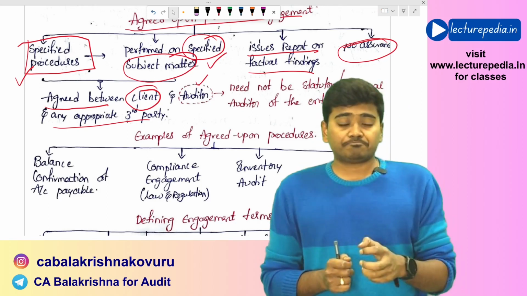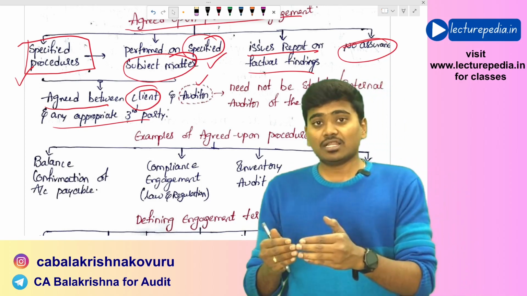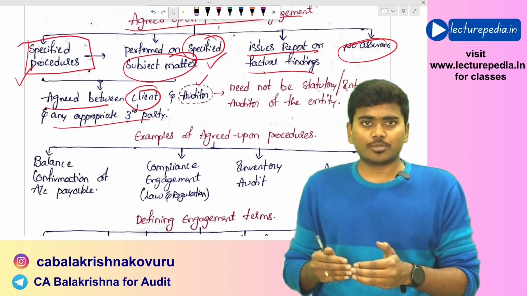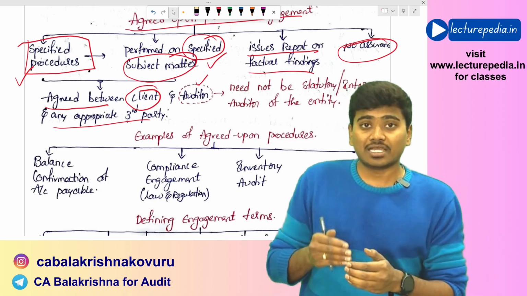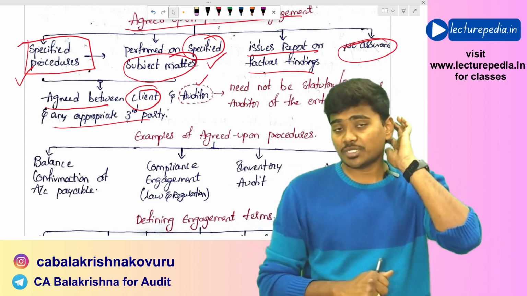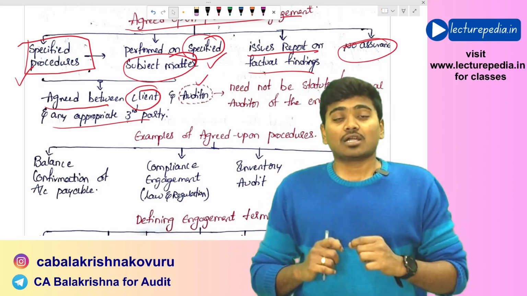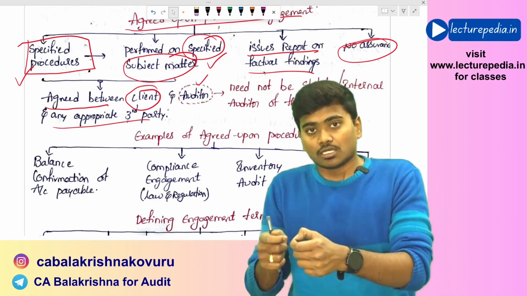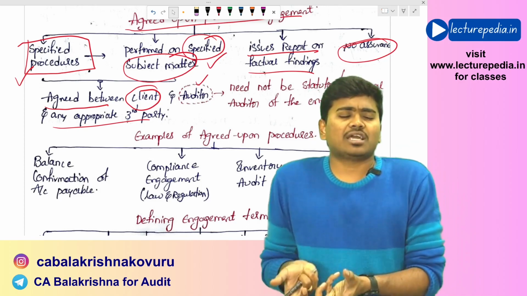Now what will the auditor do? He will take the list of trade payables, he will compare the transactions in those trade payable accounts with the respective invoices, and he will also get balance confirmations from the respective trade payables. By doing all these procedures, he will come to a conclusion. He will find the facts whether all the balances are correct or whether there are any errors in the balances.